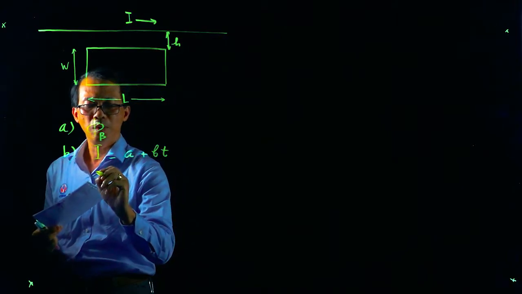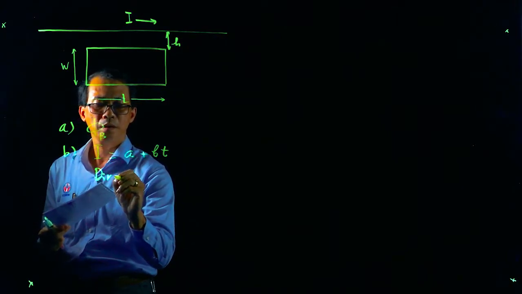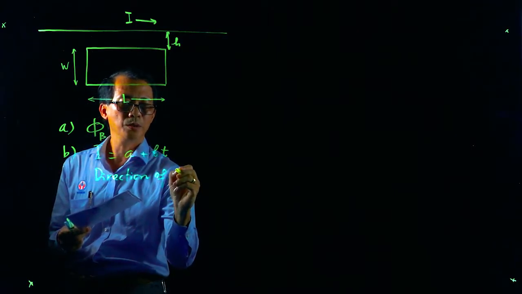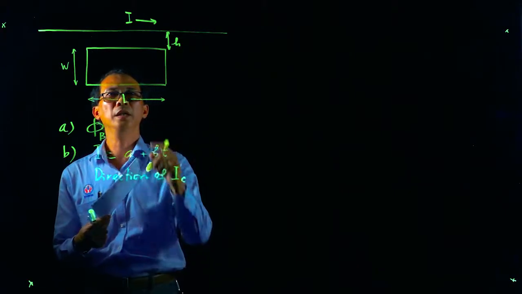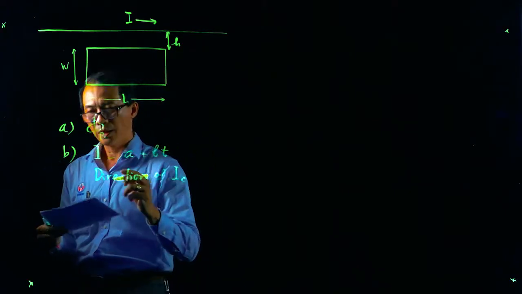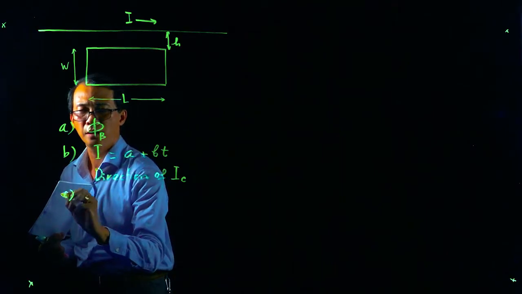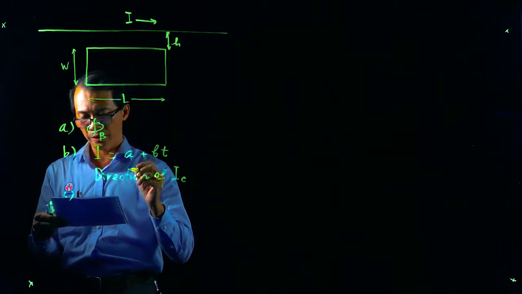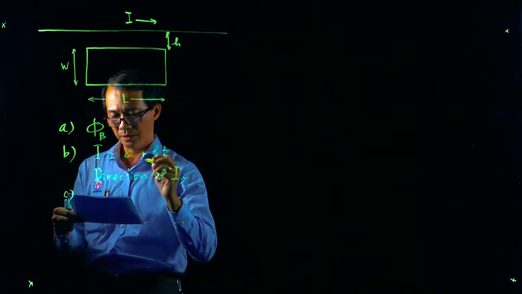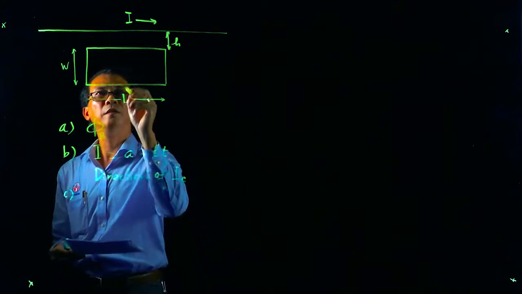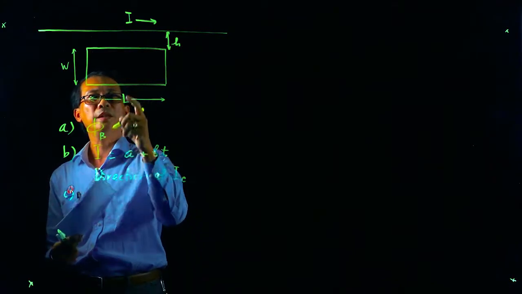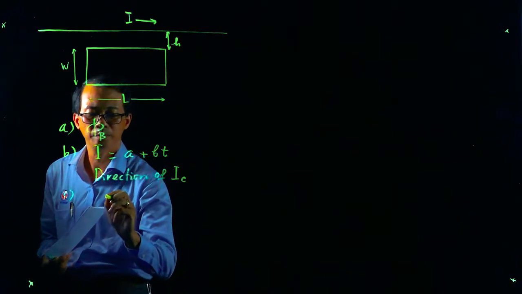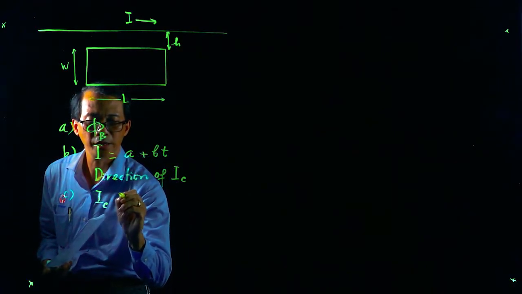The question is, what is the direction of the induced current in the loop? And question C: determine the flux when the flux is changed. So what is the magnitude of the current I_C?